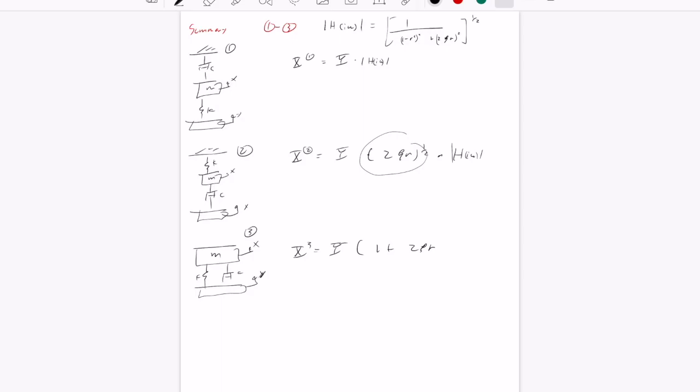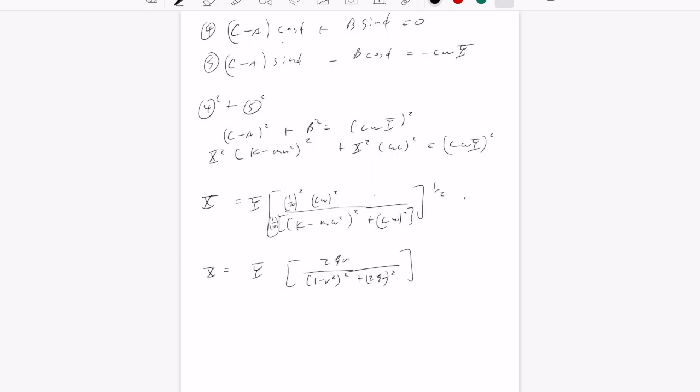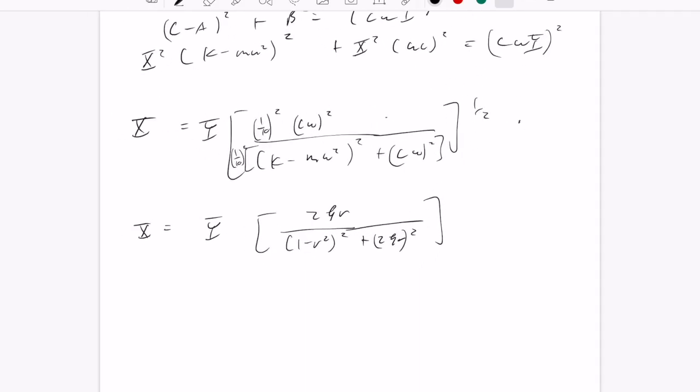Yep, I have a typo. System 1, system 2. Squared. Let me double check that in the book.